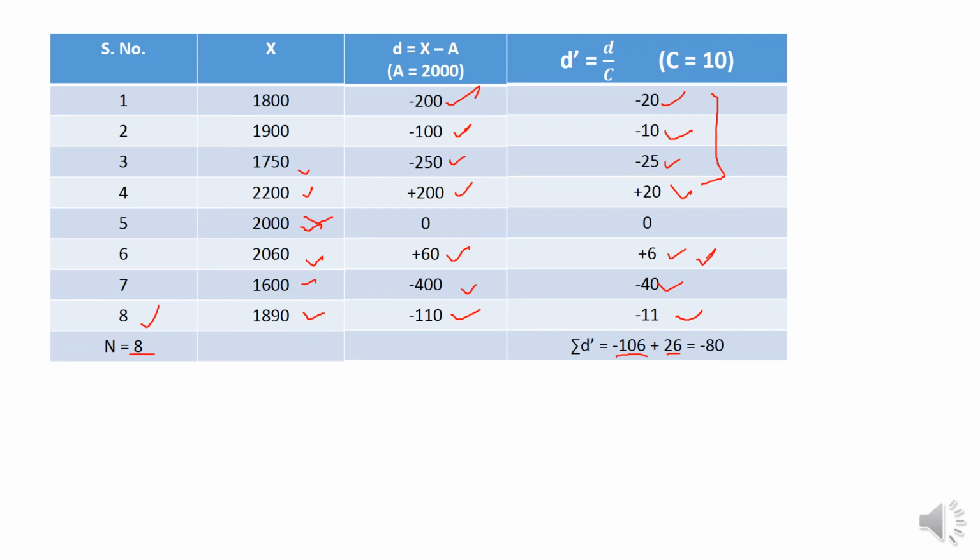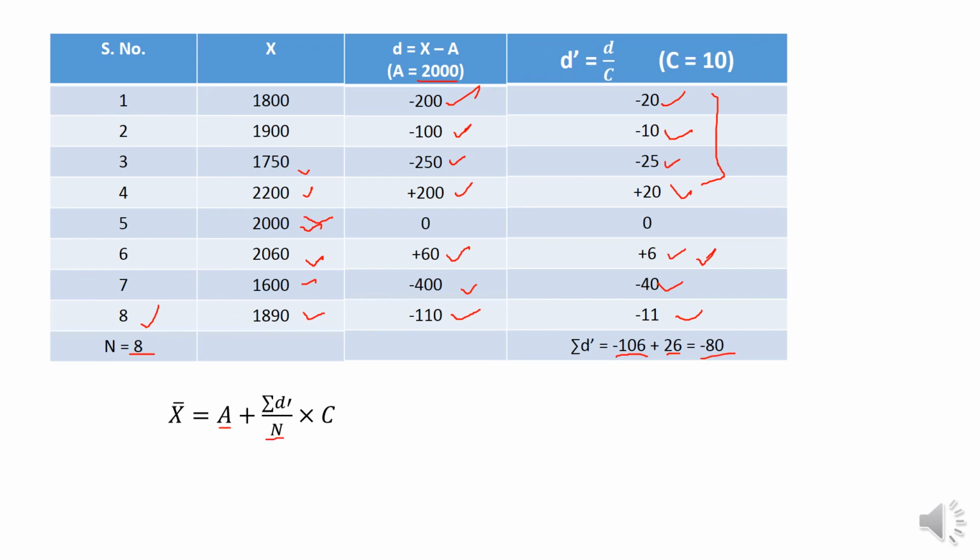Now we will put all these values in the formula. So what is the formula? The formula is x bar is equal to a plus sigma d dash upon n multiplied by the common factor c. What is the value of the assumed mean? That is 2000, so first we write 2000. Sigma d dash we get as minus 80.